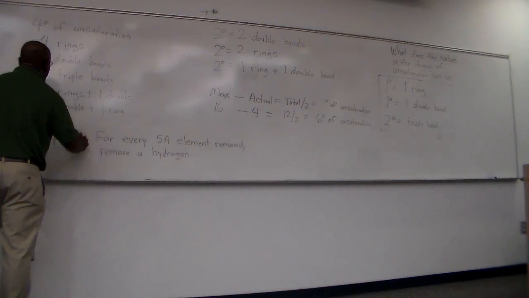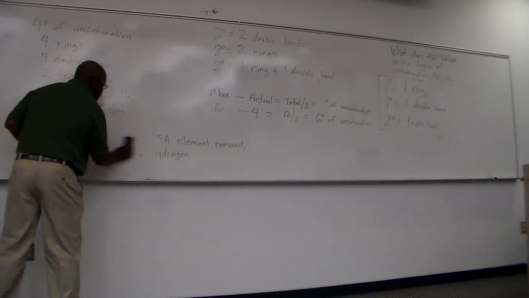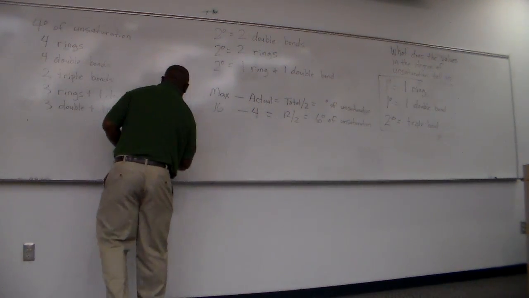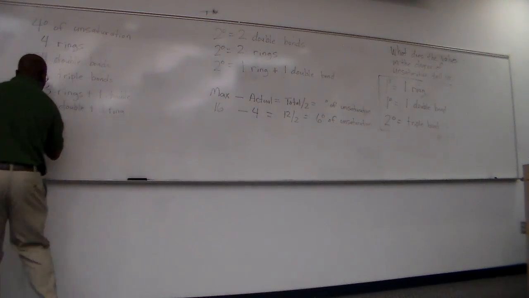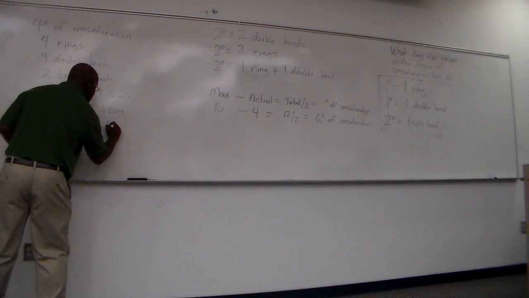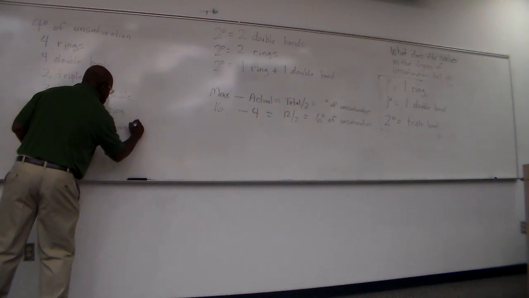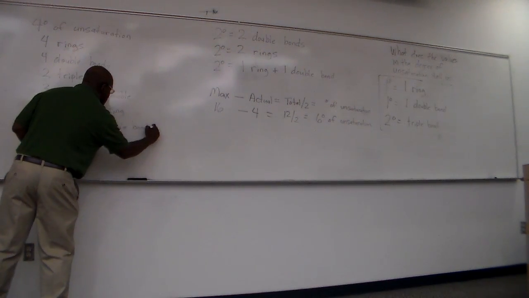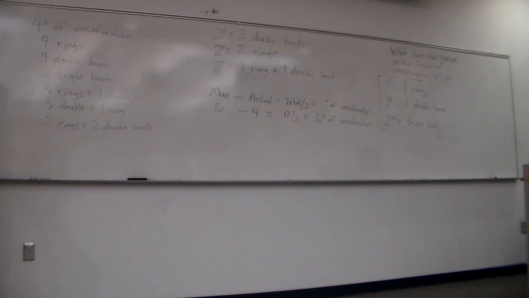So I come up with 6 ways. You can do 2 rings plus 2 double bonds, which gives you 2, 4. You can also do 1 triple, 1 ring, 1 double.